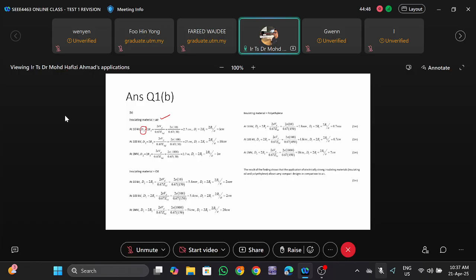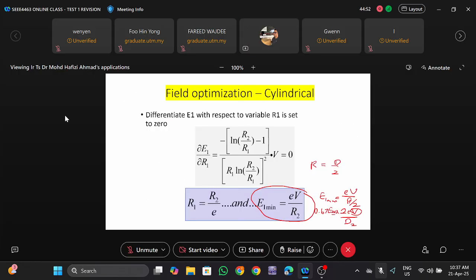So just now we have these equations, right? 2 epsilon is equal to 2 point something, just using a calculator. The voltage is the applied voltage that we use: 10 kV, 100 kV, and 1 megavolt. Then we need to calculate this D2, and then it will be interchanged with this 0.67 going down and D2 going up.